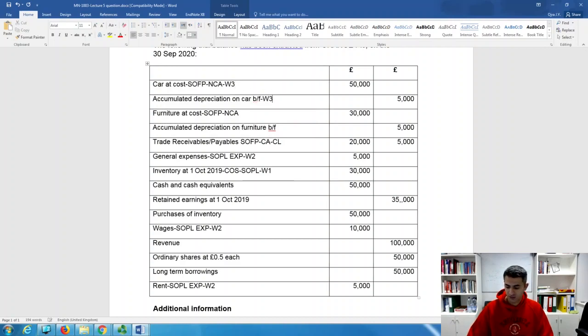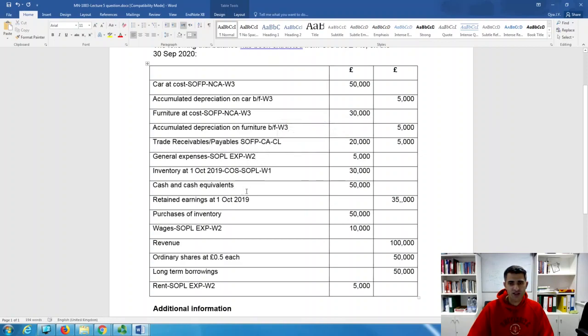That's all included in working three. There is no working for trade receivables and payables because you just put them straight away in the statement. For expenses, we said working two, and inventory working one.